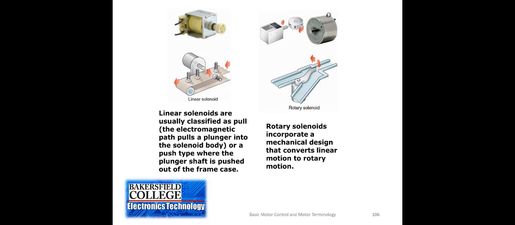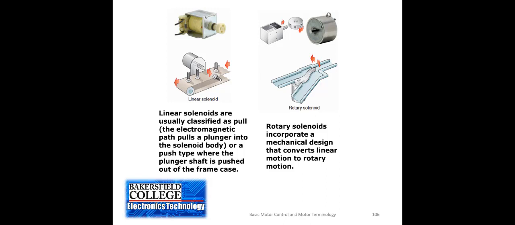There are rotation type solenoids, or rotary solenoids, that are like motors, but they move a partial amount of rotation. So we can use those, for example, as you see up there, where we have a conveyor belt with a junction or a Y in it.